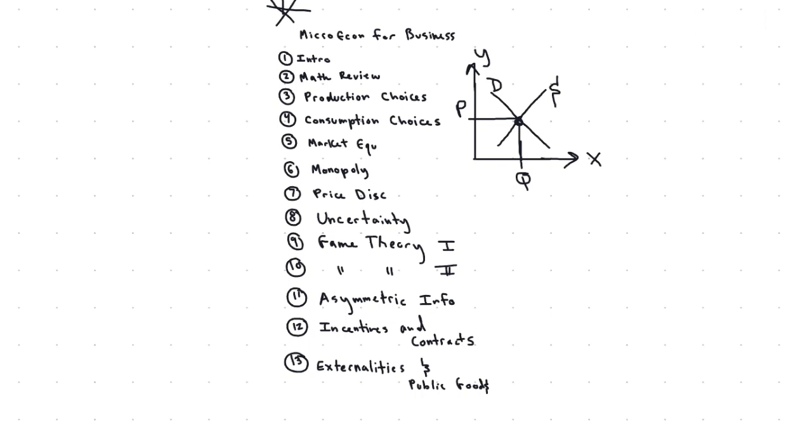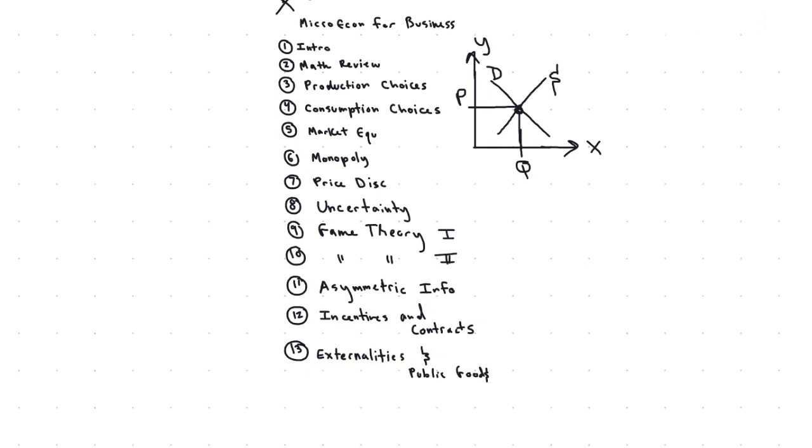But then chapter four, consumption choices, is the study of how people decide to spend their money based on their individual preferences and budget constraints. So, chapter three, chapter four, already we see what I'm talking about. Citing a definition doesn't mean very much. We understand a whole lot better, much more in depth, what this means when we jump in. But right now, we're just going to briefly define.